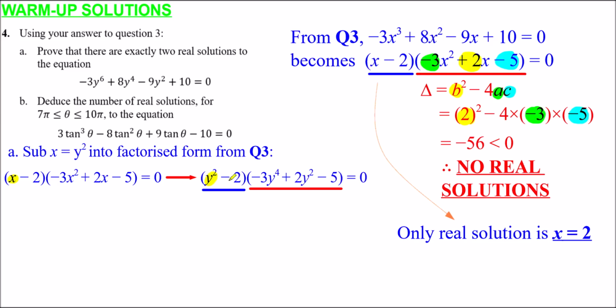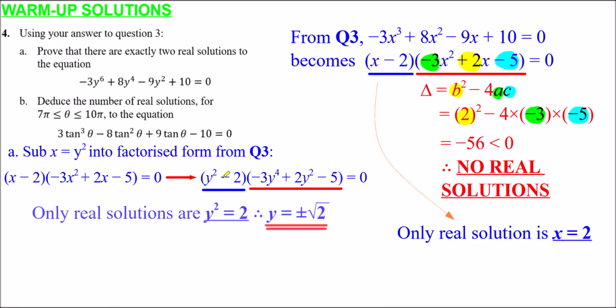So the only solutions for y will be from this factor here. So the only real solutions are when y squared equals 2. Therefore, if you square root both sides and consider both positive and negative, y is either minus root 2 or positive root 2. So that is, of course, just 2 solutions, either plus or minus root 2.